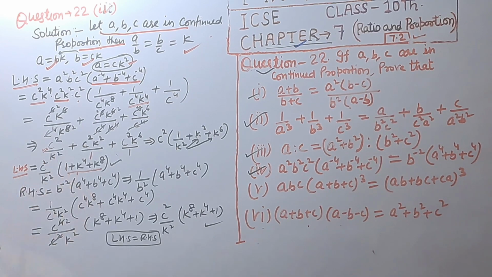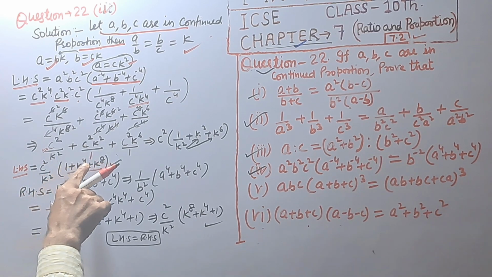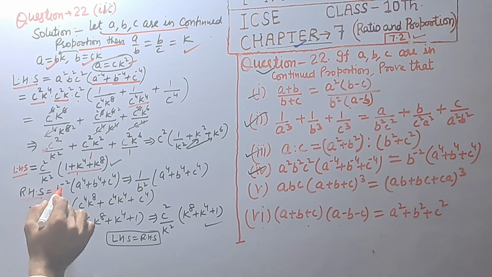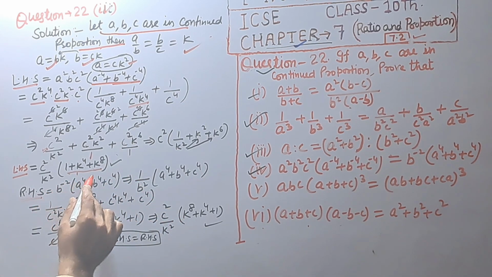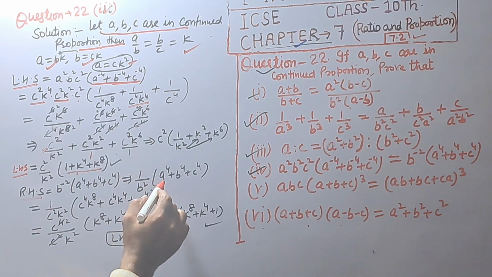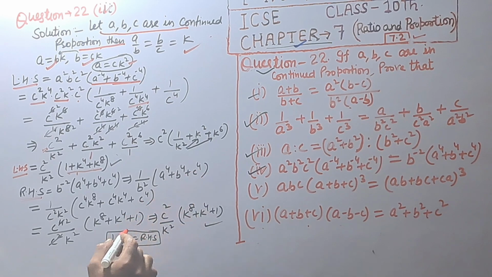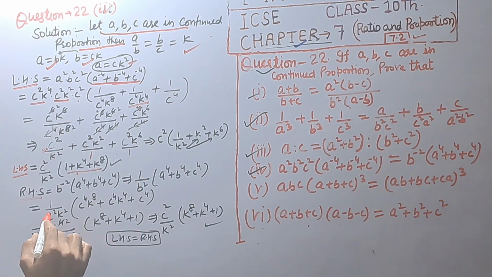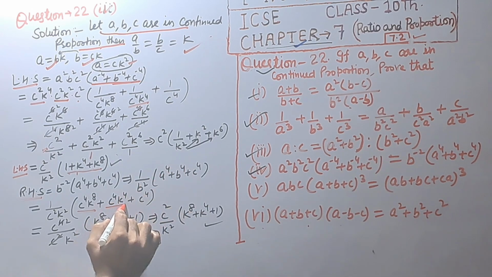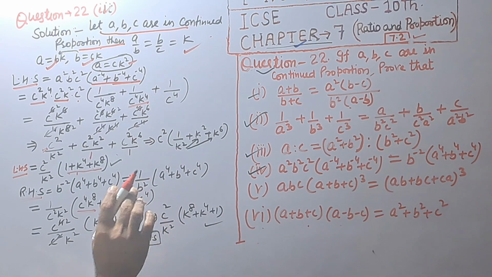c square upon k square into 1 plus k raised to power 4 plus k raised to power 8, and right hand side is b raised to power minus 4 into a4 plus b4 plus c4, that is 1 upon b raised to power 2 a4 plus b4 plus c4. B square is equal to c raised to power 2 k raised to power 2, and a4 is c4 k raised to power 8, b4 is c4 k raised to power 4, c4 as it is.